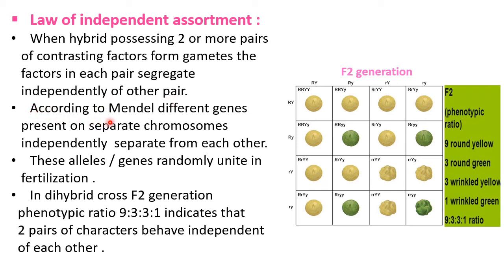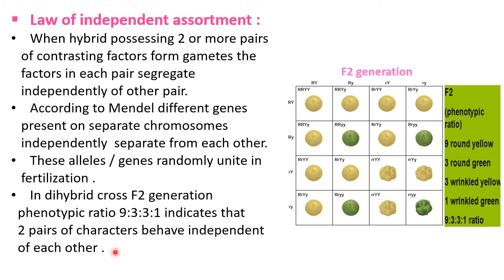According to Mendel, different genes which are present on separate chromosomes independently separate from each other, and after separation these alleles or genes randomly unite in the process of fertilization. In a dihybrid cross, in the F2 generation, the phenotypic ratio of 9:3:3:1 indicates that two pairs of characters behave independently of each other.